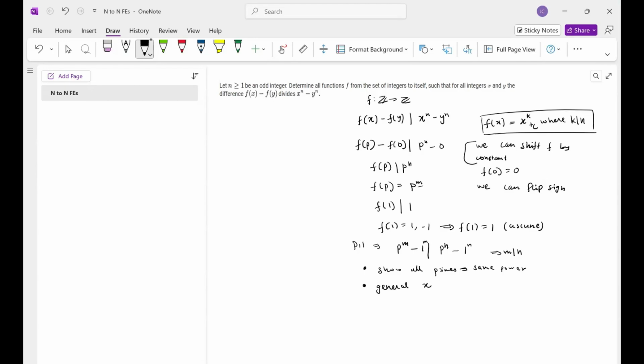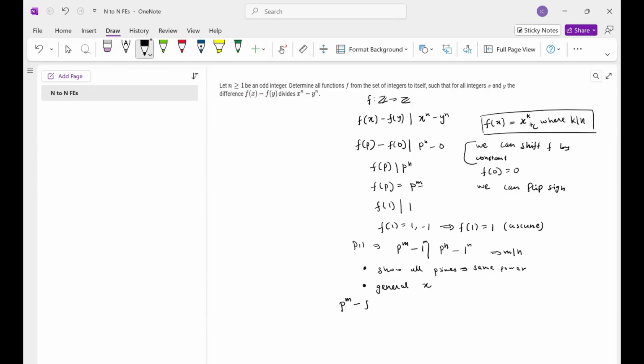I think I have something. Okay. So we put x equal to p and just keep y as it is. And then you get p raised to m minus f of y divides p raised to n minus y raised to n.